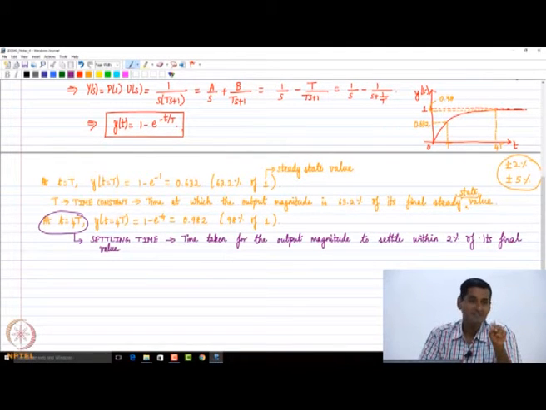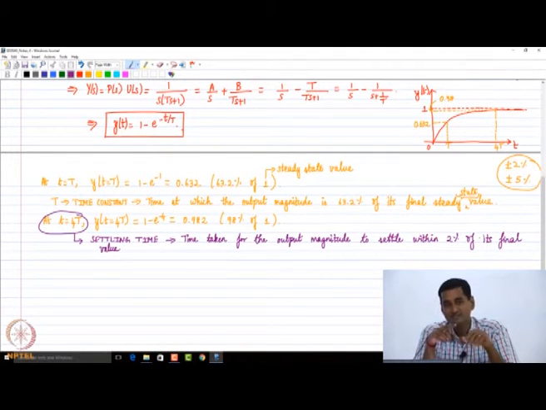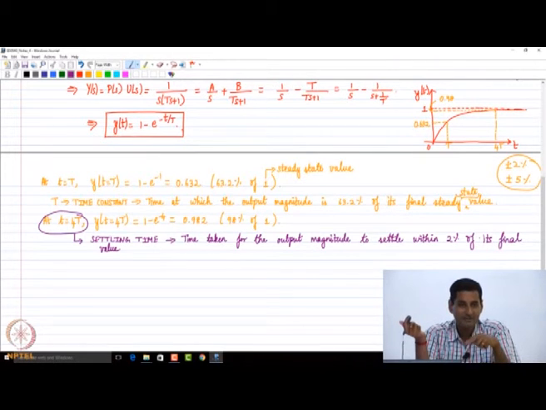In fact, we will see that this raises a very interesting generic question. We are going to look at how we can convert all these performance specifications into something which we can work with, as far as control design is concerned. It's very likely that it's going to be tough for us to meet equality constraints. In practice, we always like inequalities to work with, so that we have a range.